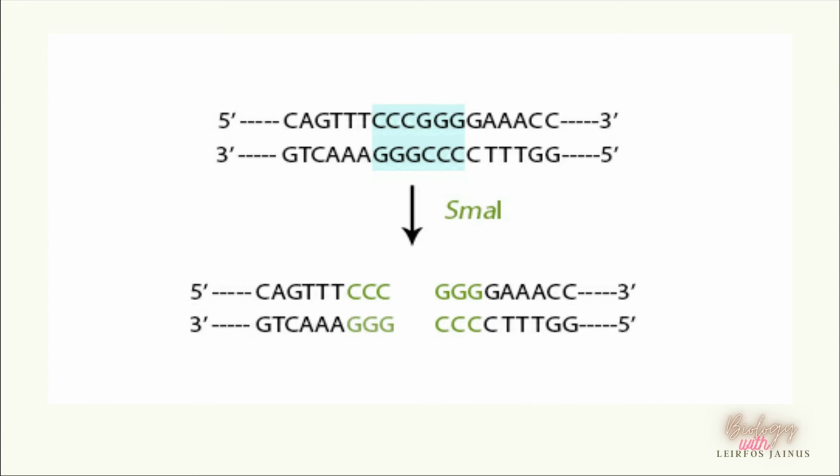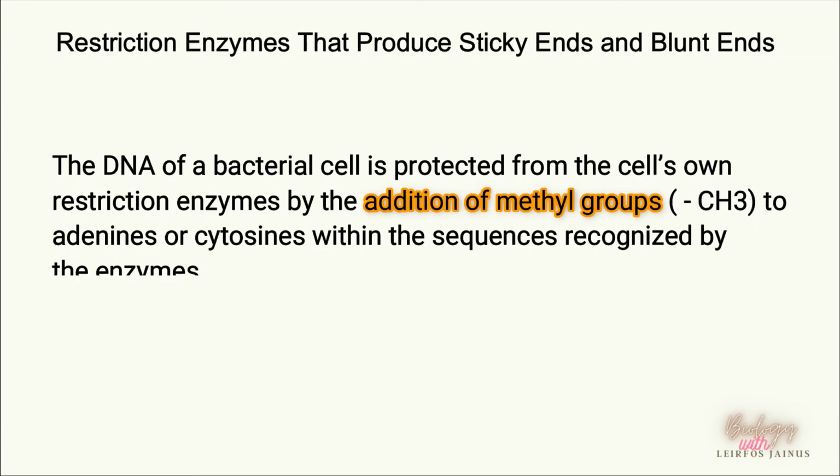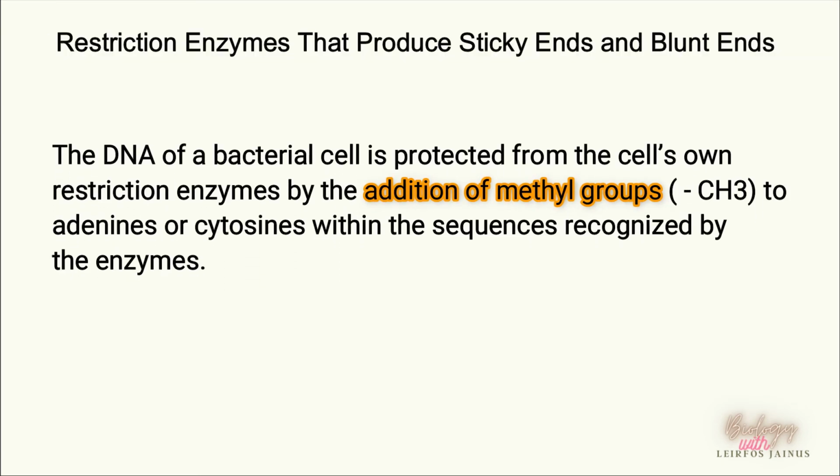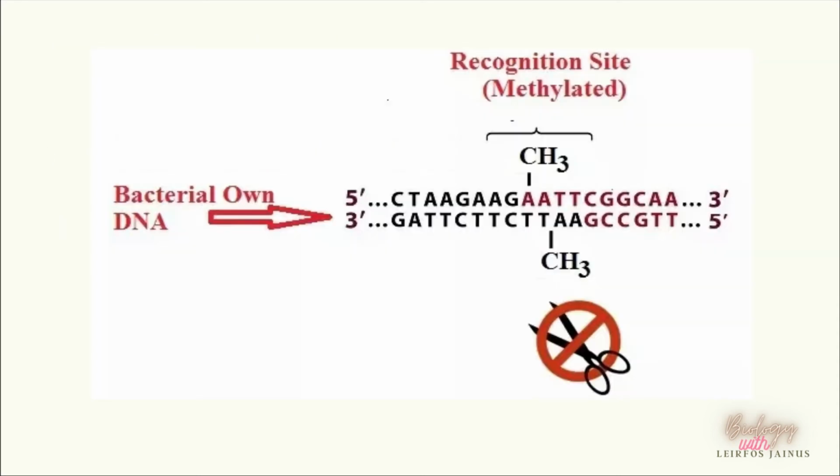The natural function of the restriction enzyme in bacteria is to cut any foreign DNA and RNA that may enter the cell. The bacterial DNA is protected from its own restriction enzyme because of the methylation of the restriction site.